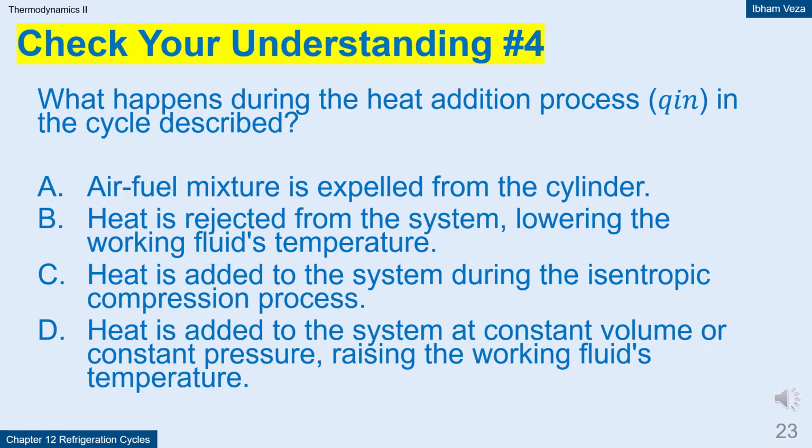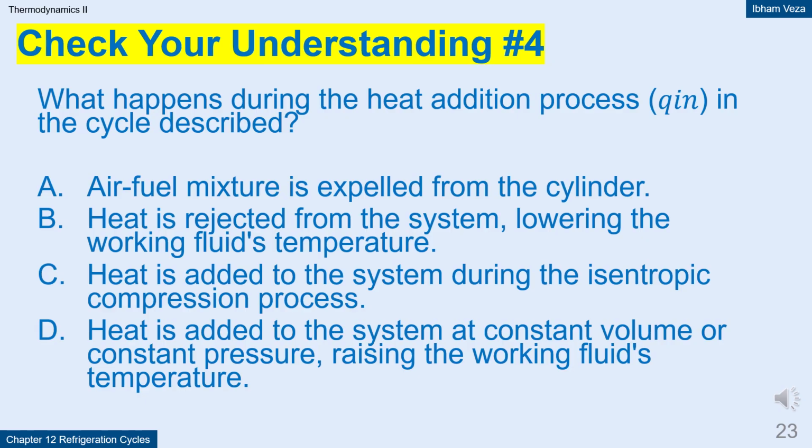Answer D. Heat is added to the system at constant volume or constant pressure, raising the working fluid's temperature. Explanation of why other answers are wrong. A. Air-fuel mixture is expelled from the cylinder. Incorrect because the air-fuel mixture is expelled during the exhaust stroke, not the heat addition process.